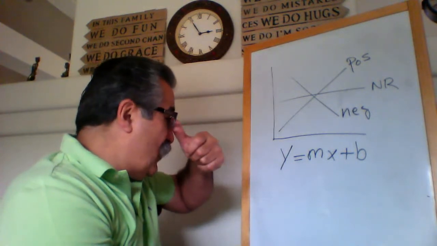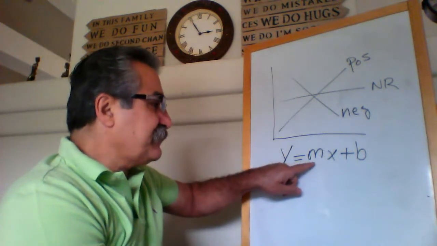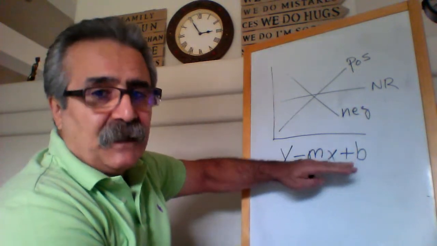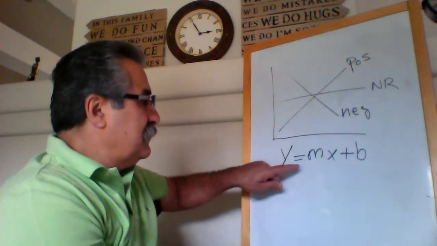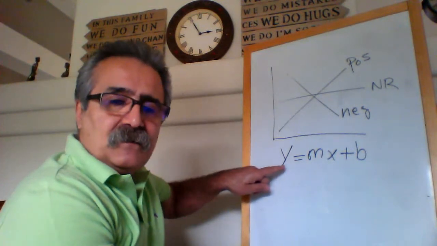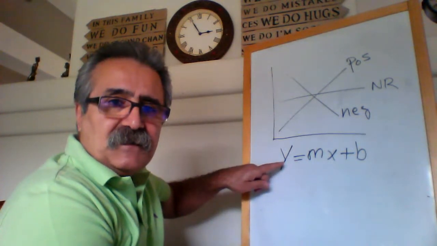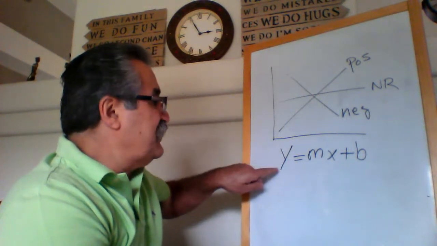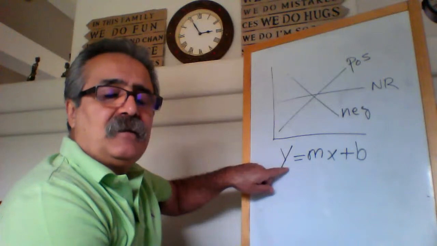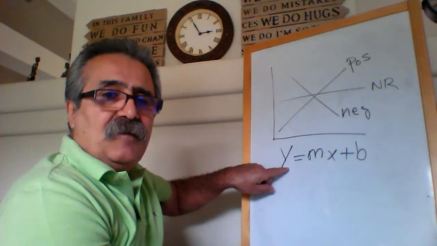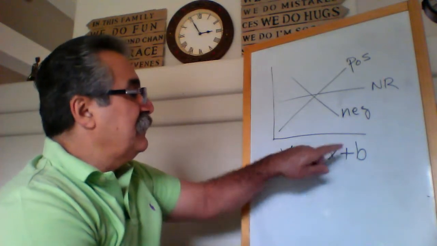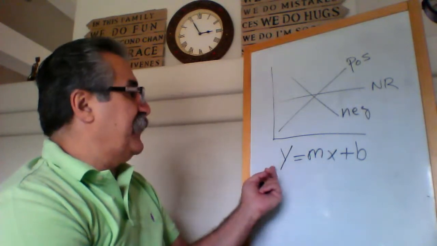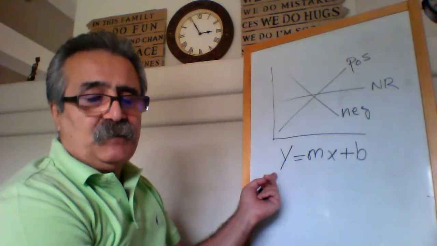We actually are going to find, or develop rather, the linear equation for the two variables that we are dealing with. Once we develop the linear equation, then we can go ahead and use any value for the x in order to find what the estimated value of y would be.